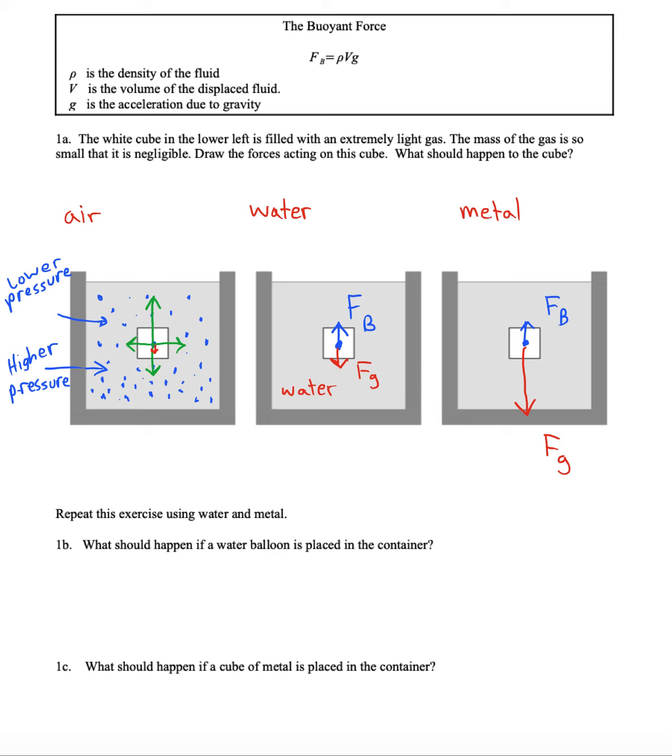So what's going to happen to each of these cubes? One of them will float because of the forces involved. The other will stay just where it is with no acceleration. And one will sink. Which is which?